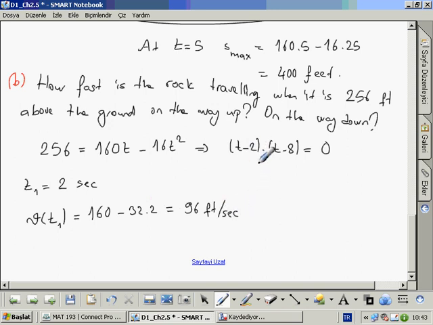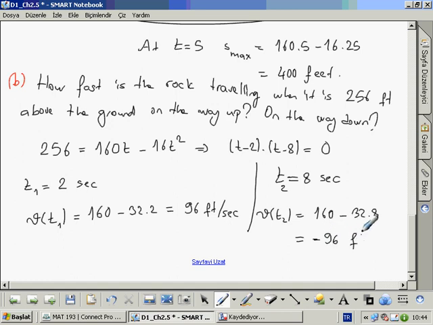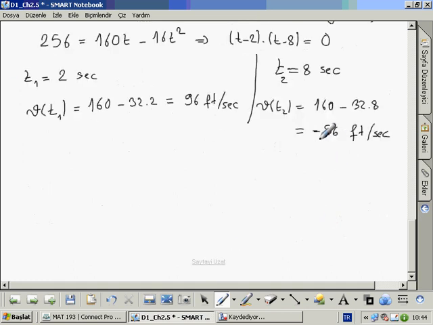And when t2 equals 8 seconds, the velocity of t2 equals 160 minus 32 times 8, so it equals minus 96 feet over second. As you know, that means on the way down, and that means way up.